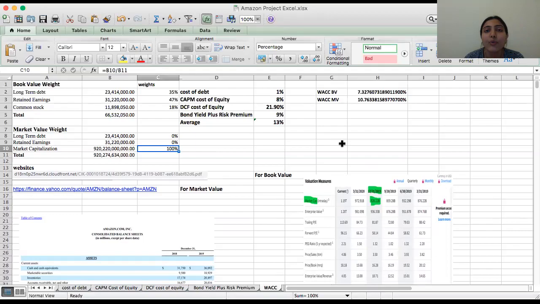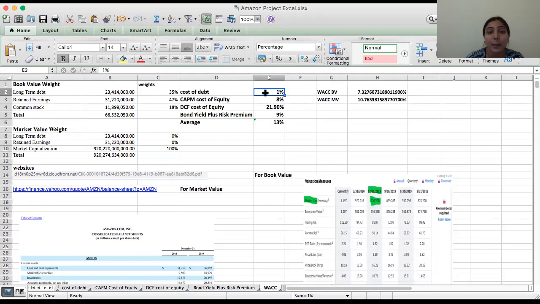I found the average of all the three. This is my average of all the three methods which I had already shown you. And this is my amount of cost of debt, which I showed you how I calculated.